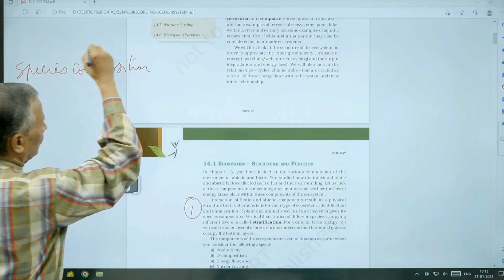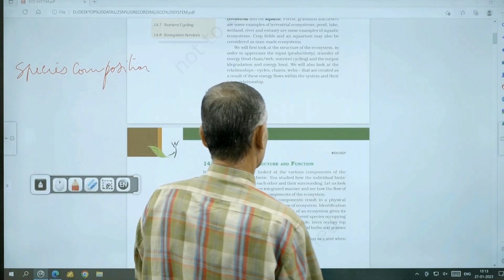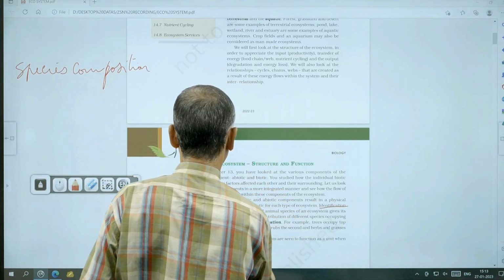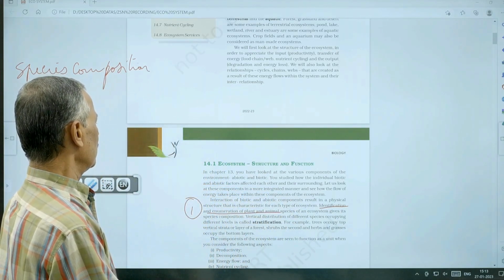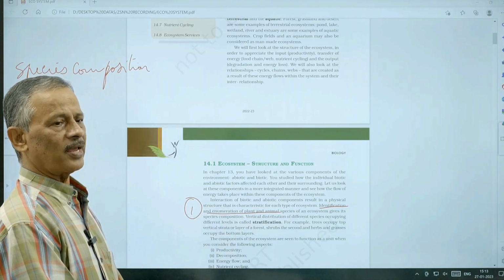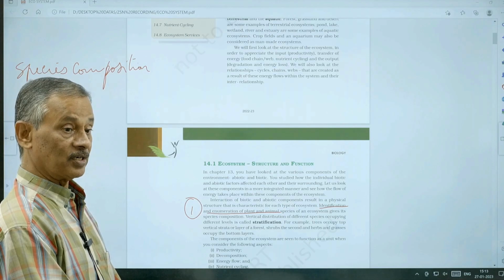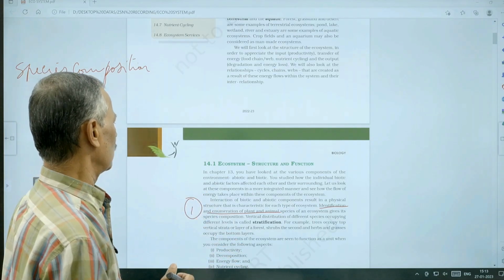How many of them are living? What is their number, etc. Okay. Identification and enumeration of plants and animal species of an ecosystem gives the species composition. You identify what are the plants, what are the animals, what are their numbers. That will differ from ecosystem to ecosystem.